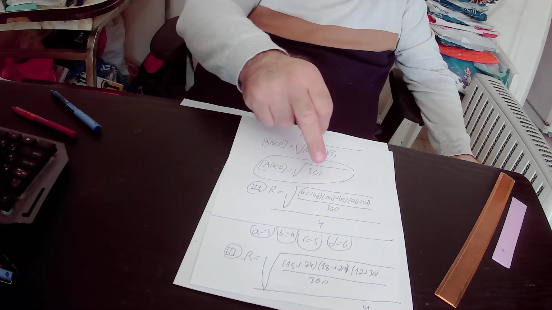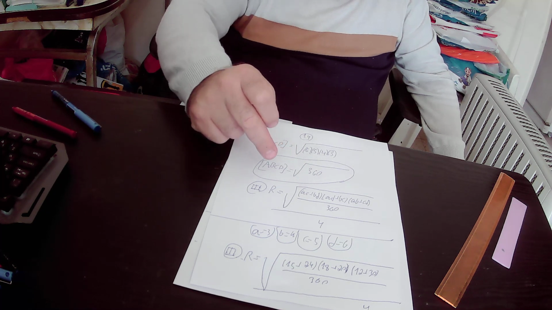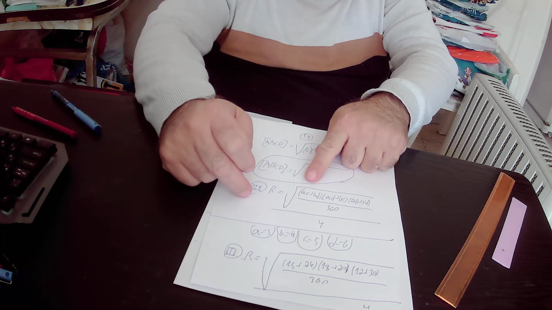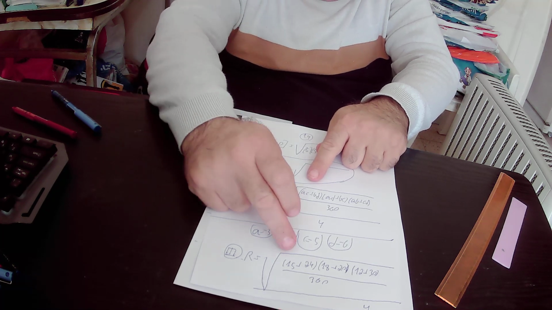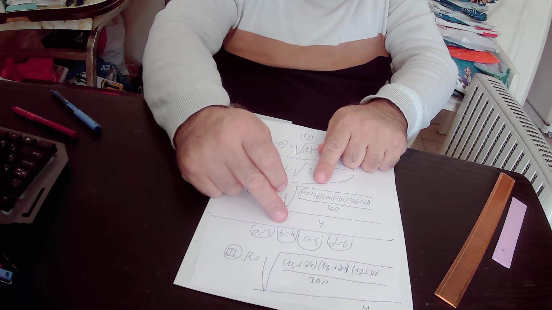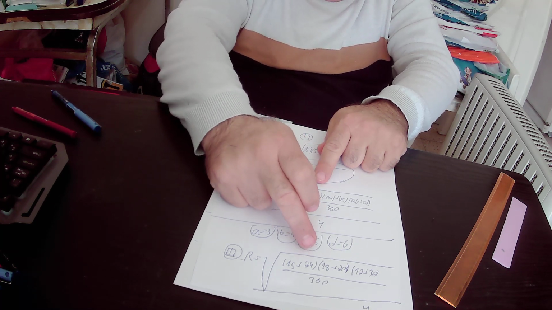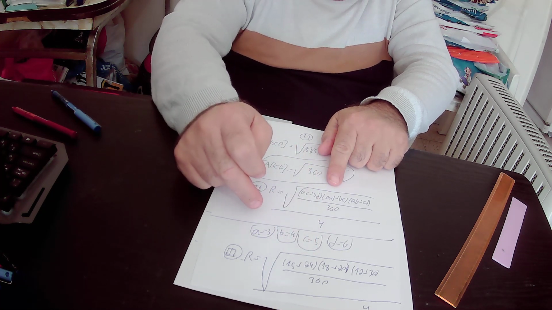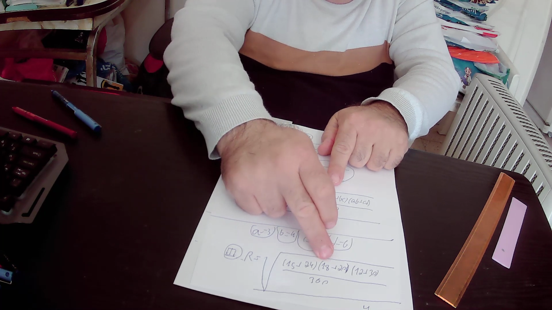Then we found the values of those expressions. A equals 3, C equals 5, so 3 times 5 is 15. B equals 4, D equals 6, so 4 times 6 is 24. A equals 3, D equals 6, so 3 times 6 is 18.